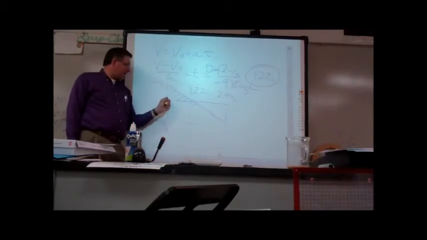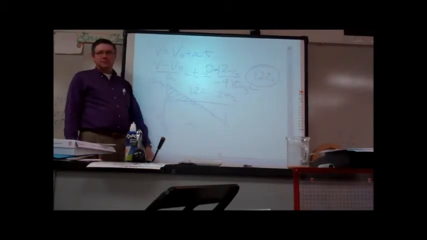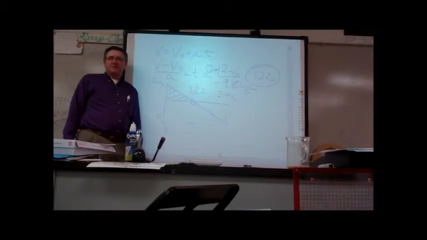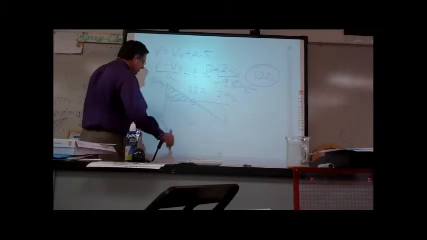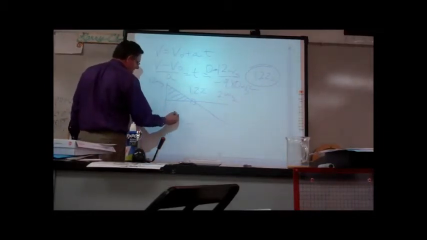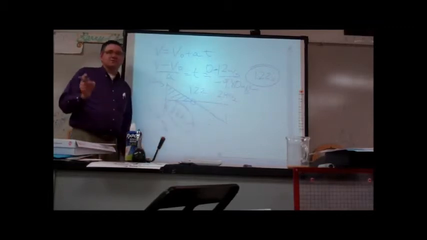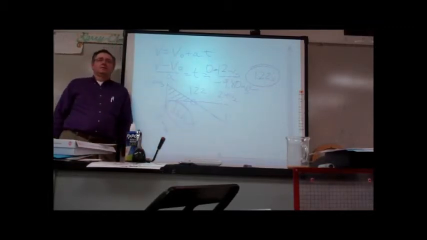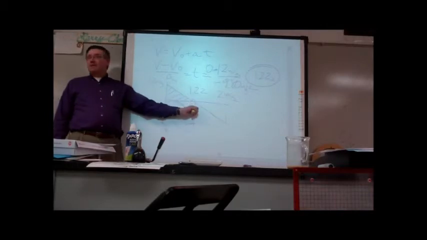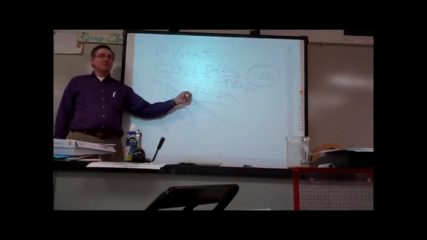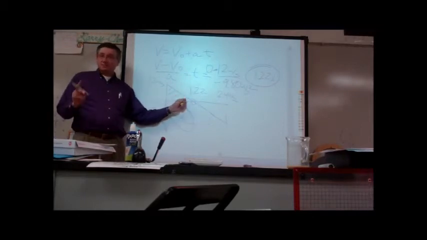I know my height, I know my base. Grace, how do you find the area of the triangle? 1/2 base times height. Bingo. So I can do 1/2 base times height. But again, what's the downfall? If this time is wrong, that maximum height is going to be wrong. It works, and this would be lovely as long as the time is right.